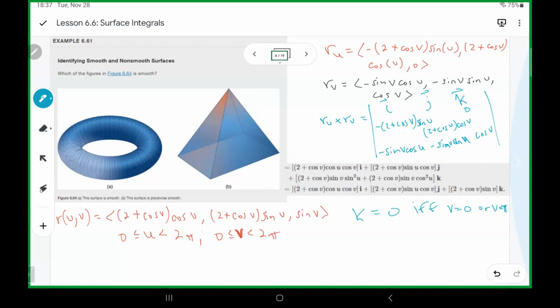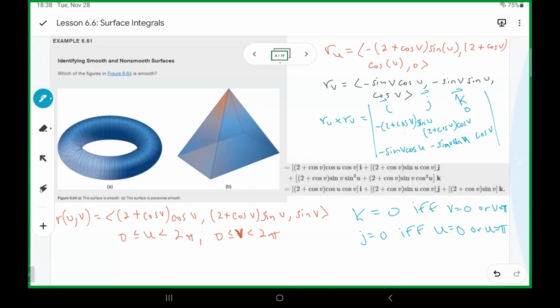Then the only choices for u that make the j component 0 are 0 or pi. But these choices of u do not make the i component 0.